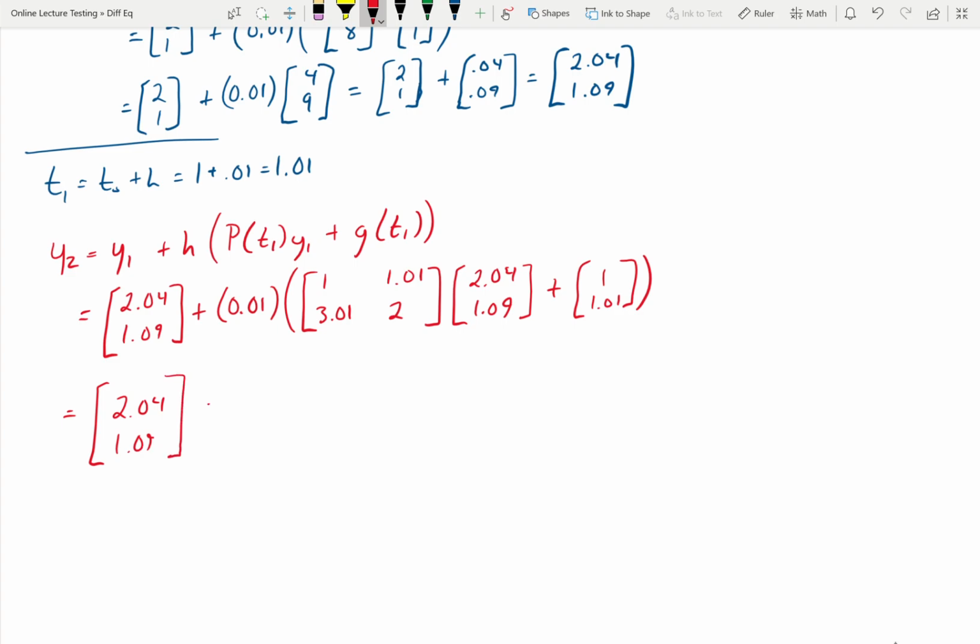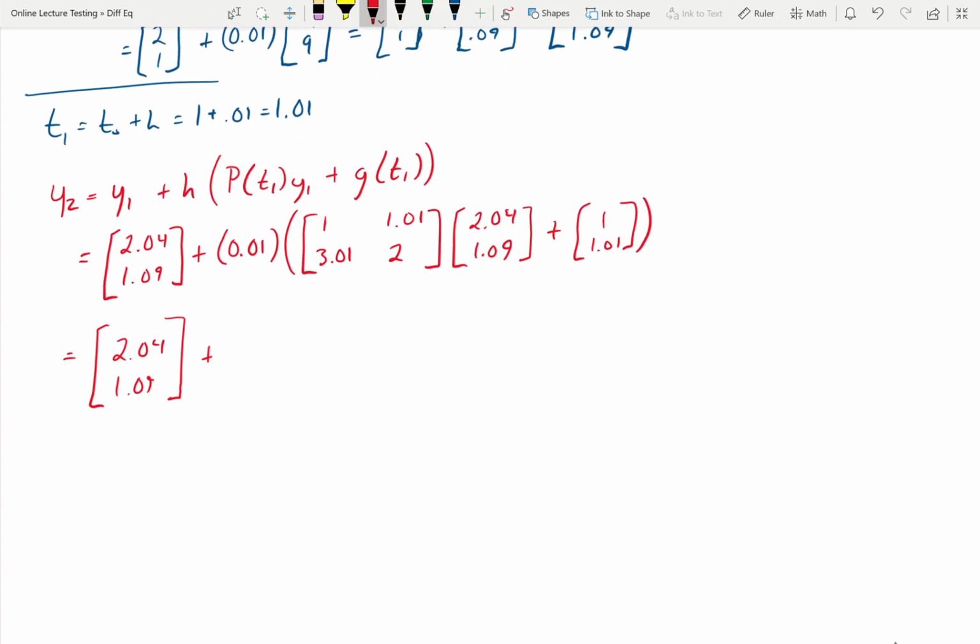And we're going to add 0.0414 and 0.0933. I just had to double check my math real quick.